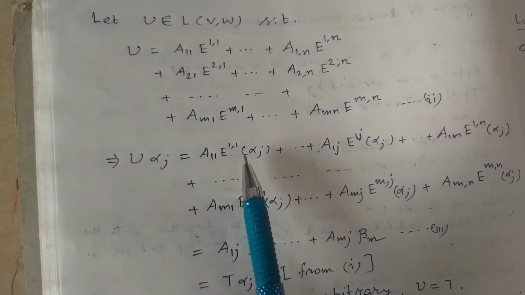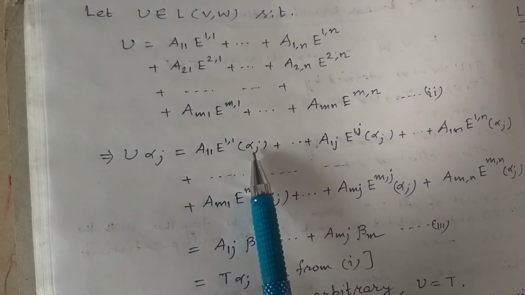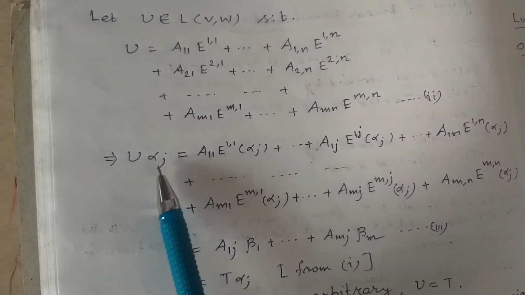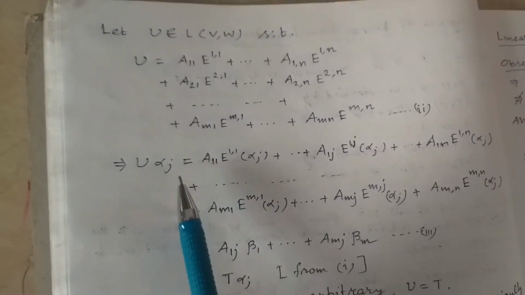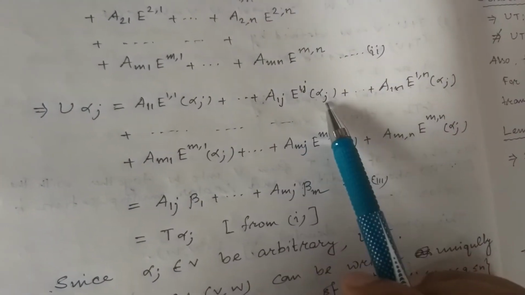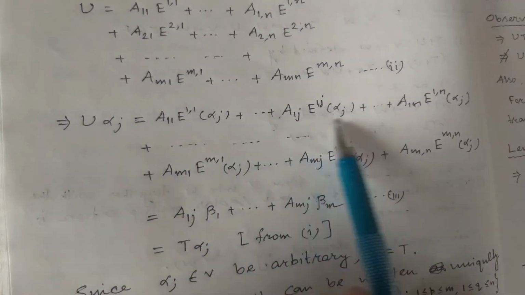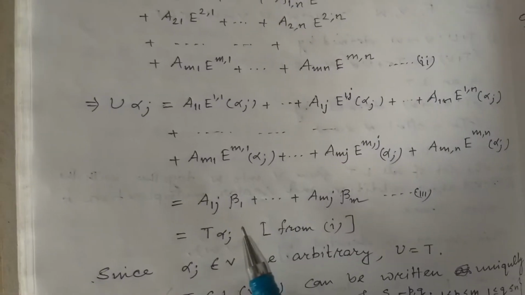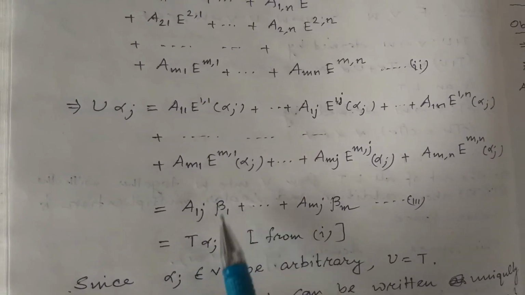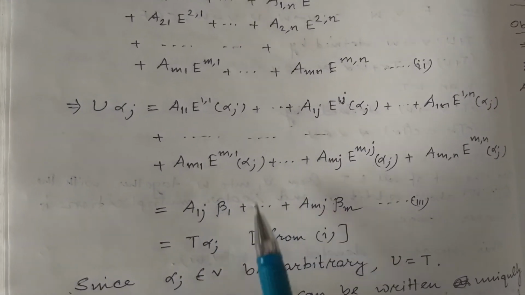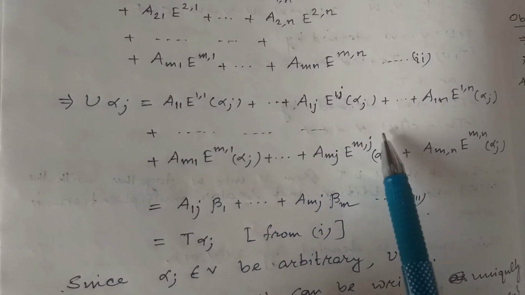Look here, E11(alpha j) will be 0 because j is fixed, and E1j(alpha j) will be beta 1. So from the first line we get a1j beta 1. Next we get a2j beta 2.